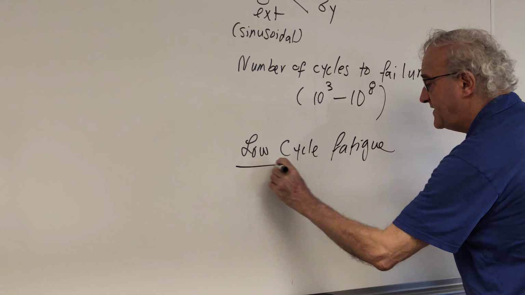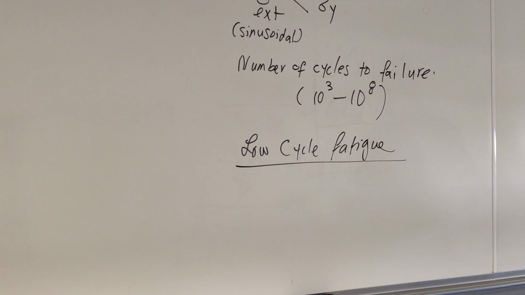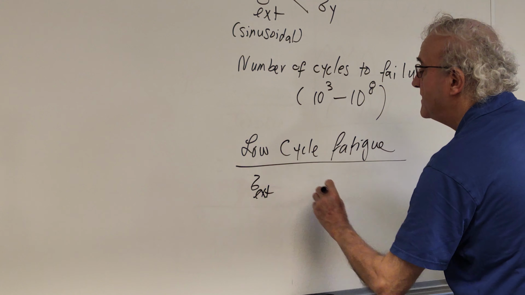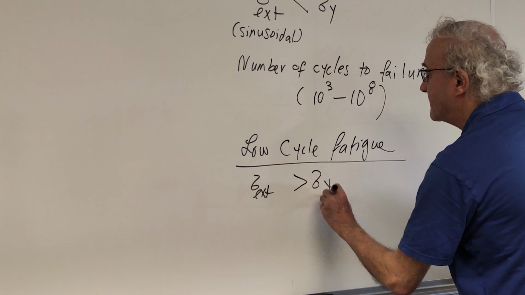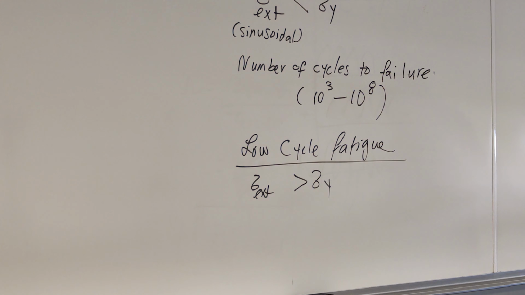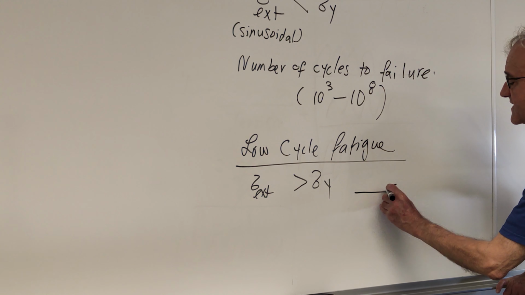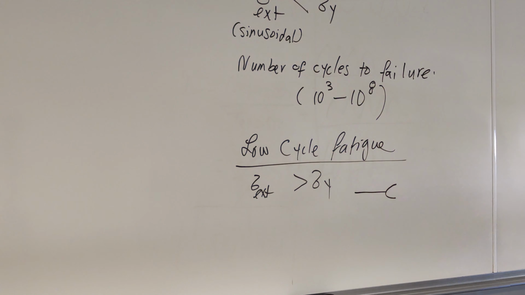In low cycle fatigue, the external sigma, in tension and compression, exceeds the yield strength. So in each cycle, you are deforming the material. I had a publication with a professor from UCLA about 20 years back, where a company gave us something schematically looking like this, like a fork made out of titanium, used by surgeons doing heart surgery.